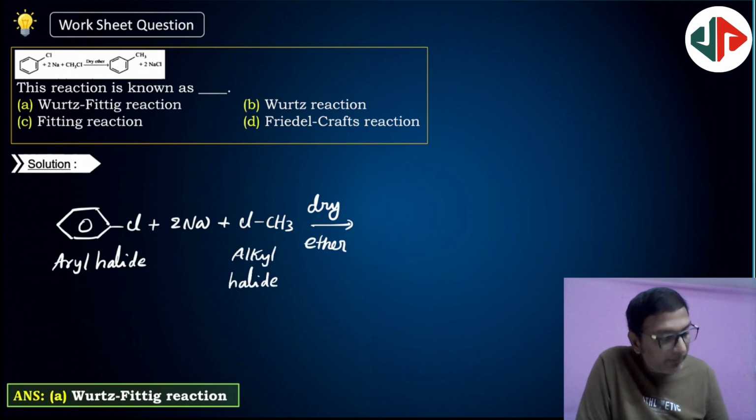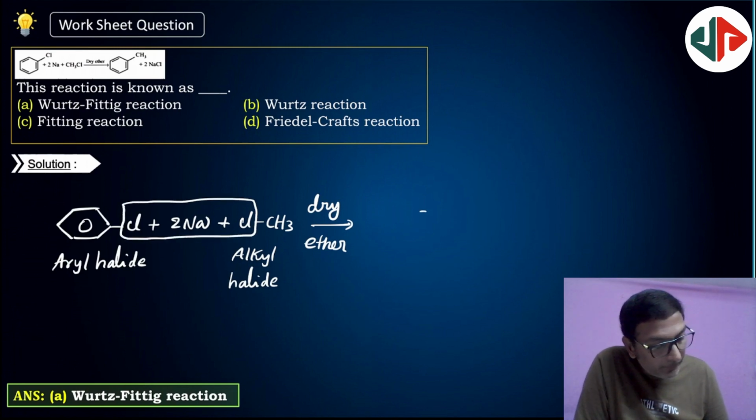So 1 mole of alkyl halide, 1 mole of aryl halide will give alkyl benzene, that means methyl benzene, and NaCl will be removed.